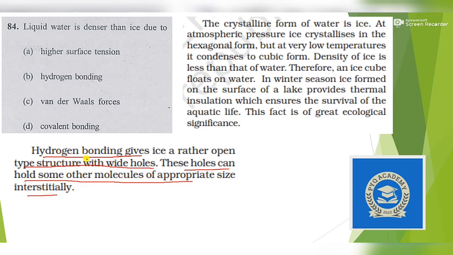Interestingly, you can see here that in the ice structure some holes are present. That means the density of ice will be less than water, and this is due to hydrogen bonding. So answer is option B, hydrogen bonding. So one trick you can remember: in various cases, anything related to any special property of water, the reason behind that is hydrogen bonding.